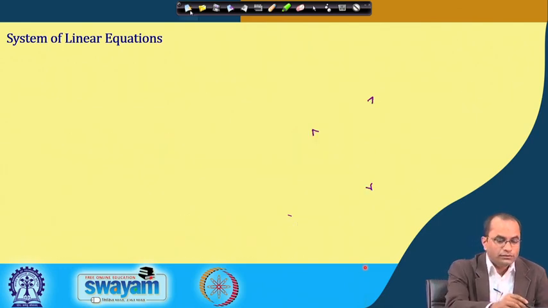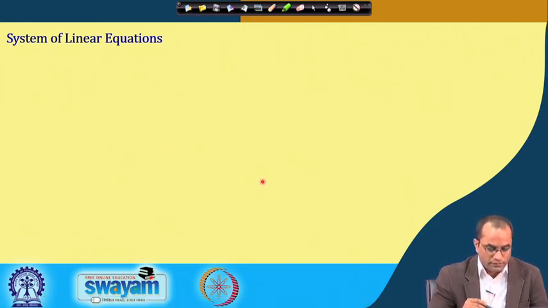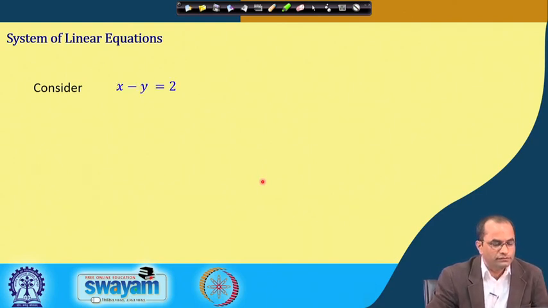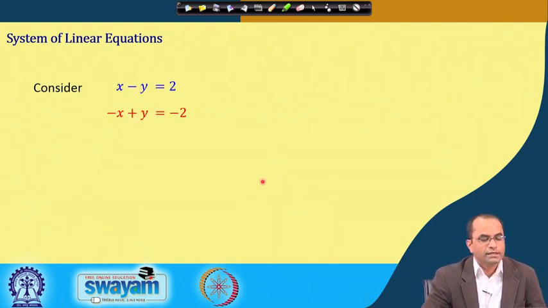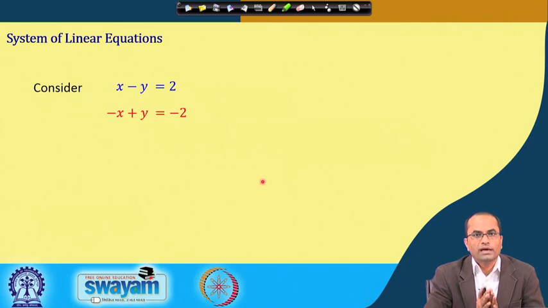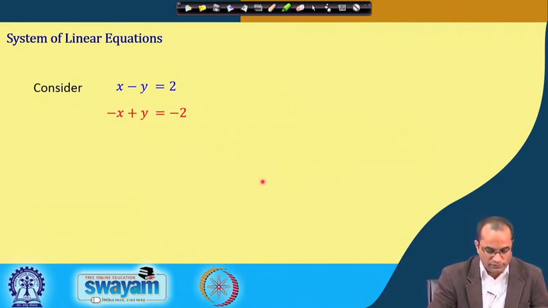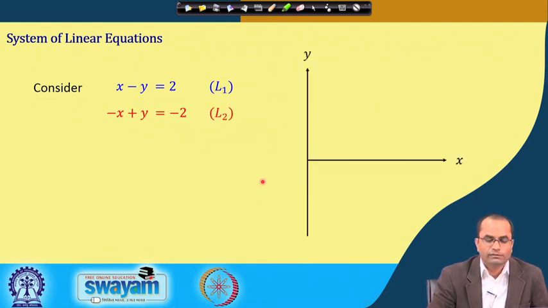So, coming to the next and the last case here, where we consider the system as x minus y is equal to 2 and minus x plus y is equal to minus 2. So, this is our system now, and again if we look for the geometrical interpretation, we need to plot these two lines. The first, x minus y is equal to 2, is given by this blue line here.